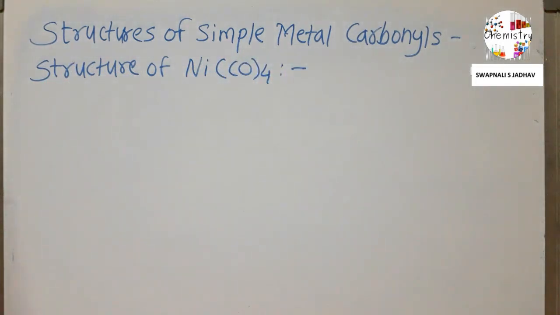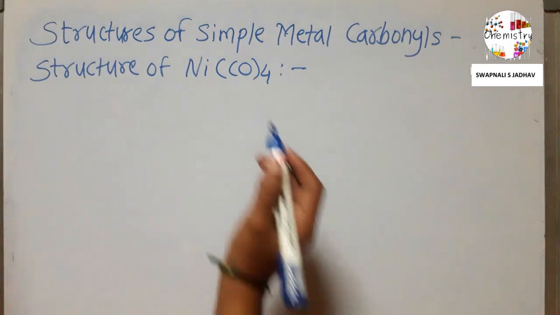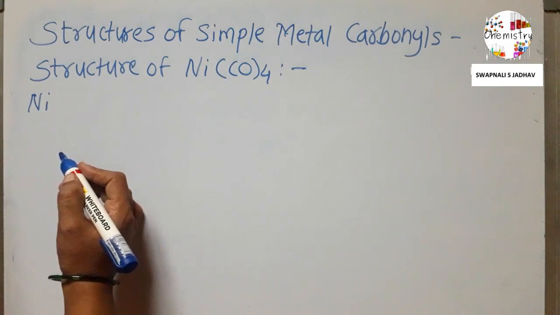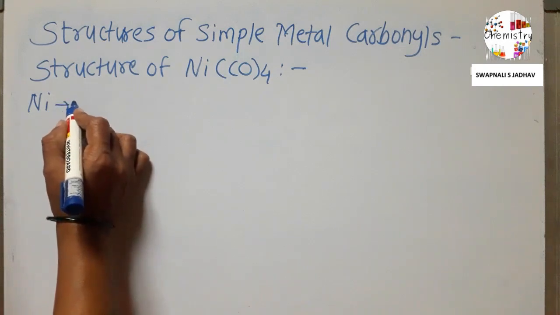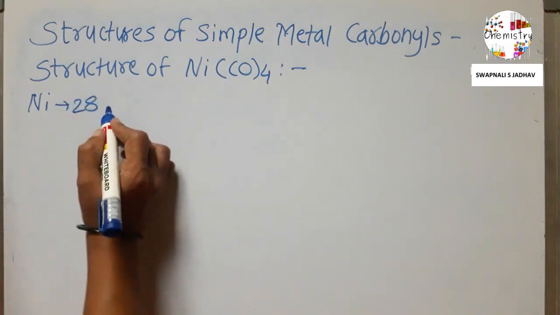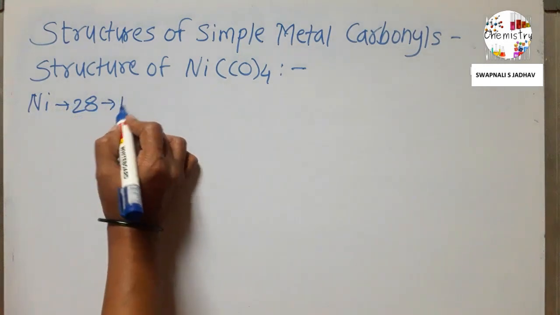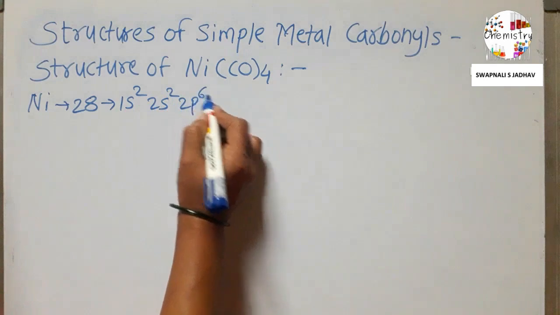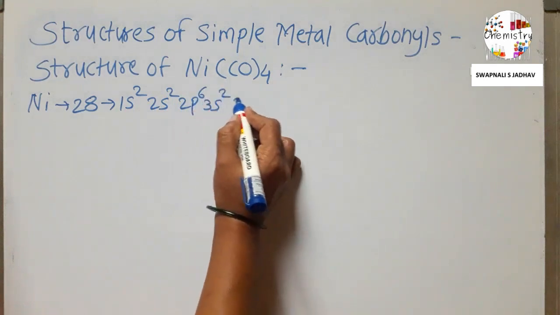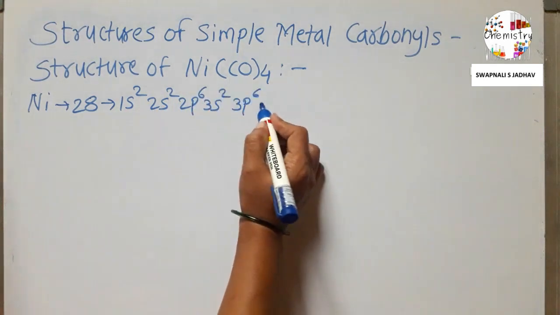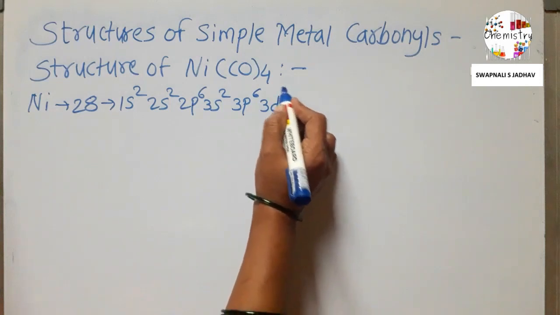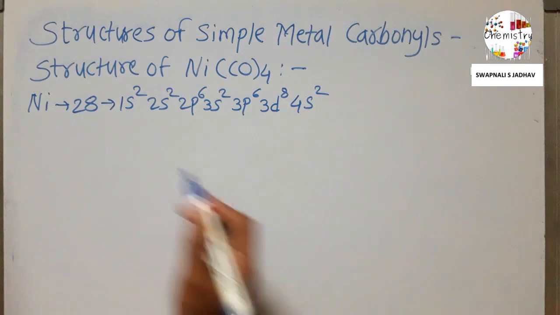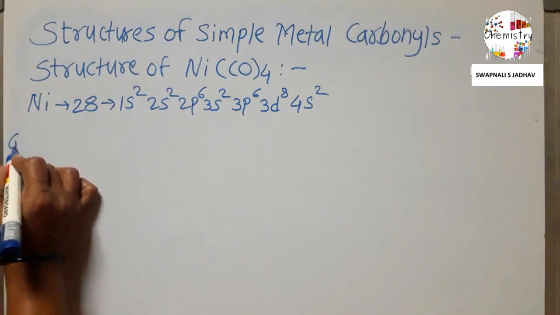So in NiCO4, the metal atom is which one? Nickel, having atomic number how many? 28. Having electronic configuration 1s2, 2s2, 2p6, 3s2, 3p6, 3d8 and 4s2.